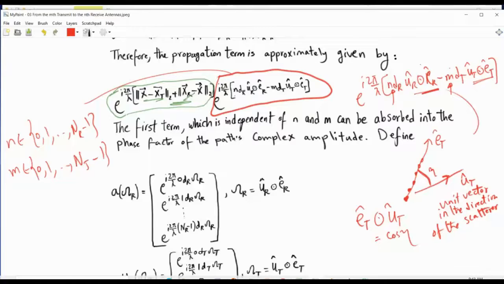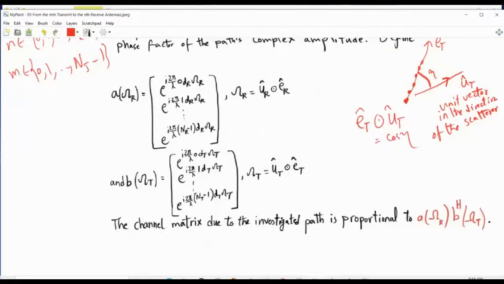If you have something with two indices, it makes sense to think of this quantity as an element of a matrix, with a row index n and a column index m, or vice versa. So this is what we will do to obtain those phase factors for every n and m. For every antenna on the transmit side and every antenna on the receive side, we will define two very important vectors, vector A and vector B.